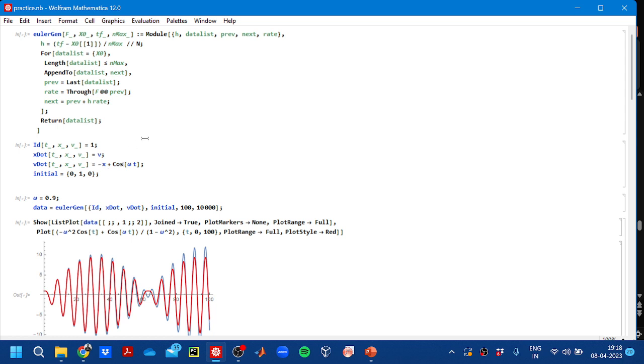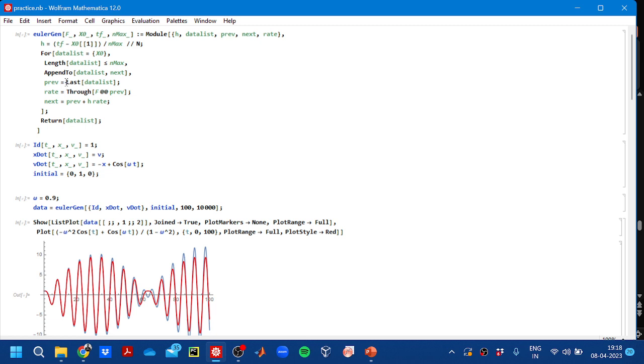If you are given a different differential equation, we will just change the elements of this f matrix. That will lead us to different differential equations.